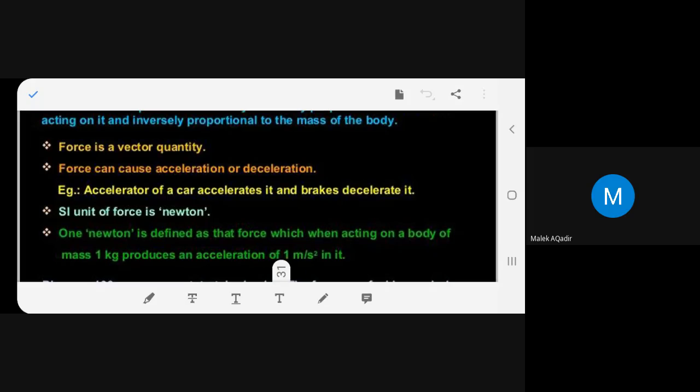It is a force acting on a body which has a mass of 1 kg and produces an acceleration of 1 meter per second square. Then and then we call that force 1 Newton. You understand? So mass has to be 1 kg, acceleration has to be 1 meter per second square. Then and then the force will be 1 Newton.